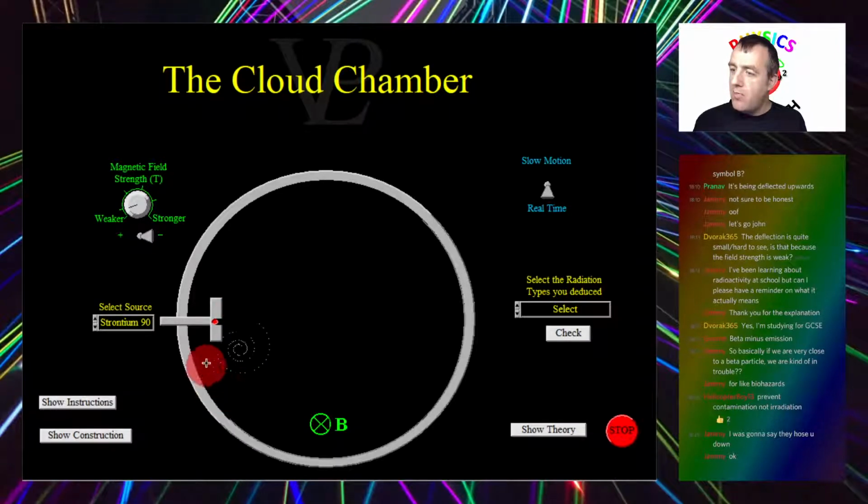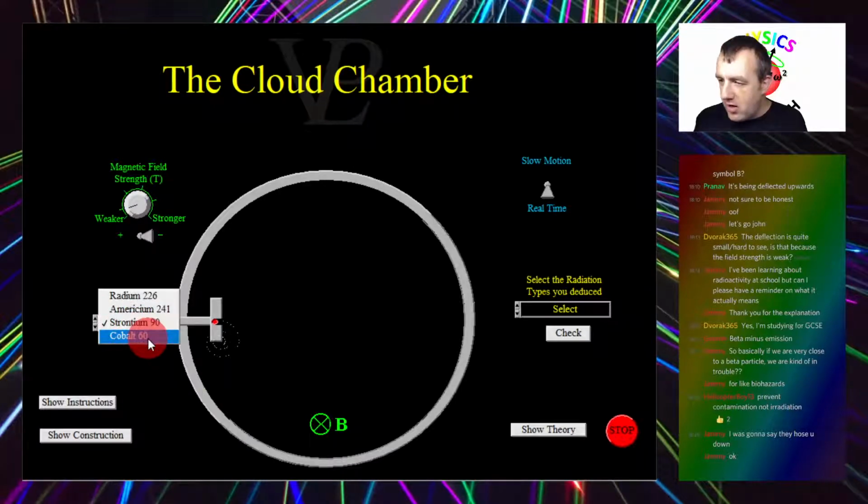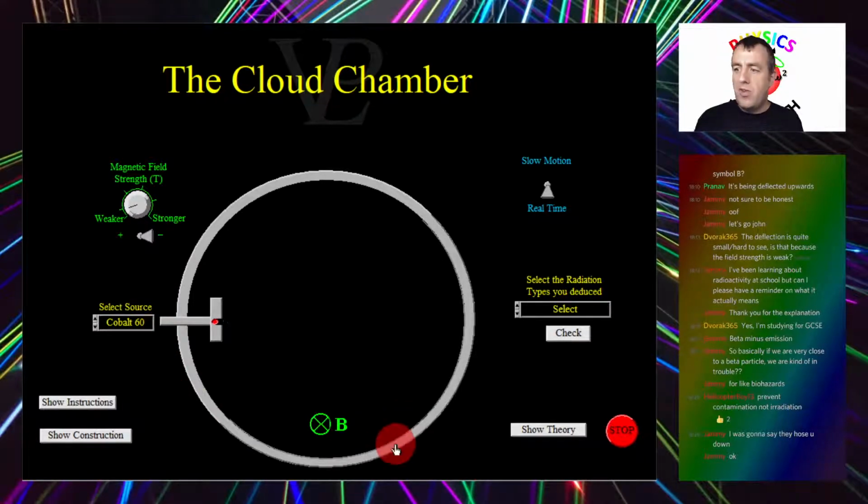So you can see that this particle's traveling a far greater distance through the air. Okay, it's spiraled up, but that's because of the magnetic field. Gamma radiation is very, very difficult to observe in a cloud chamber. I mean, you might see every now and then with this source, that was a beta particle that came out of that. But if you watch it, do you see that wispy little strip there?